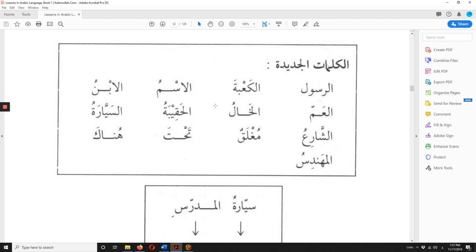So a lot of the things, as you notice, I didn't translate, and that's because down here it says al-kalimat al-jadida, the new words, the new vocabulary, and now I'm going to translate these words for you. So ar-rasul means the messenger. Risala means message. Arsala means to send a message.